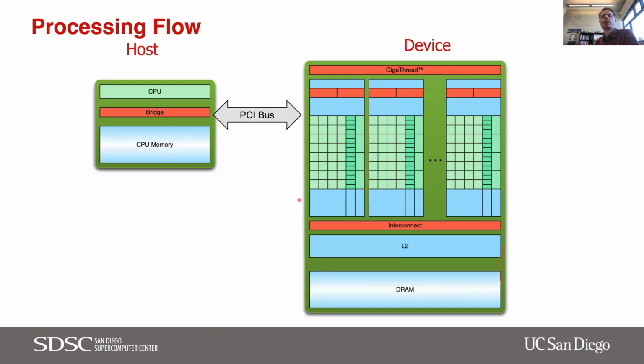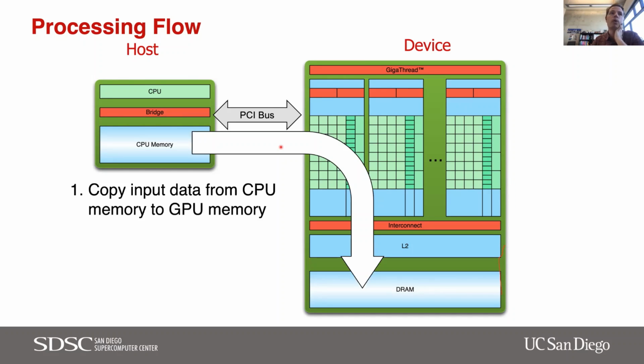And the processing flow is the same way like you've seen before with the library calls. So you have your host with its attached CPU and the attached memory, and then you have the GPU that's either sitting on the PCI Express bus or some other fancy interconnect that connects it to the CPU on the motherboard.